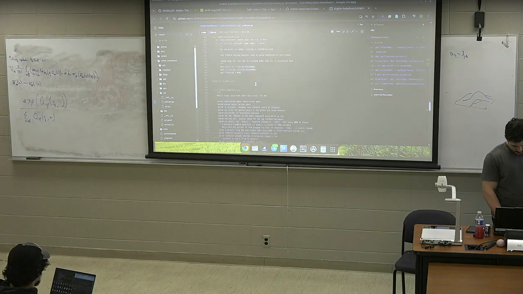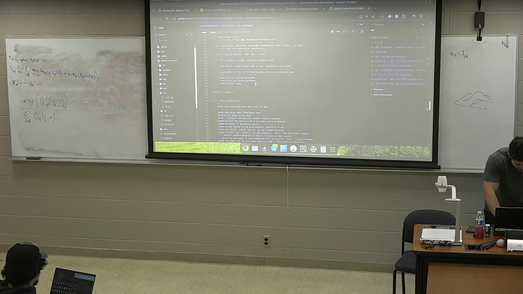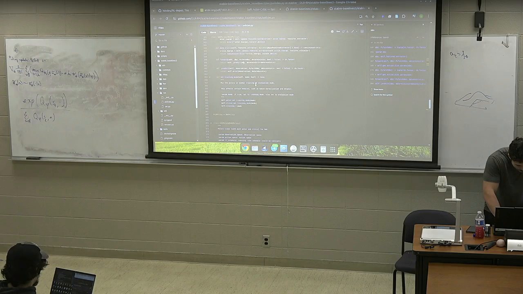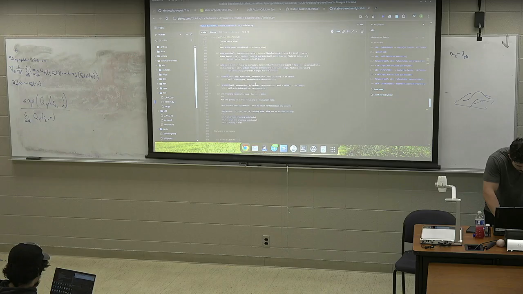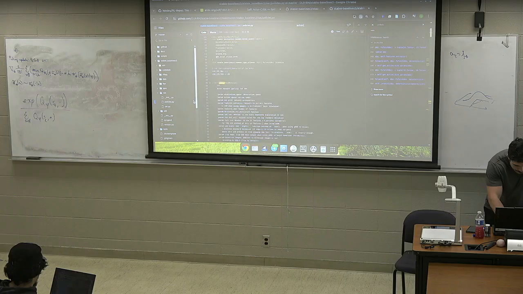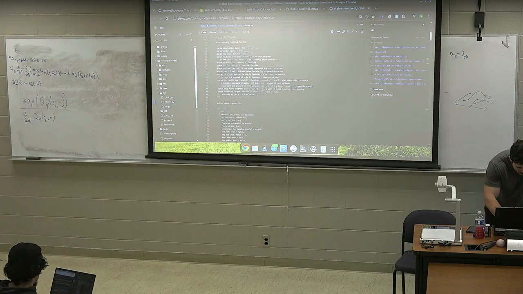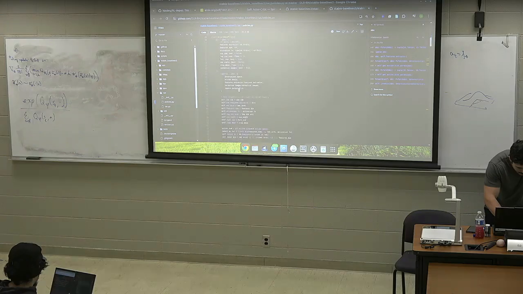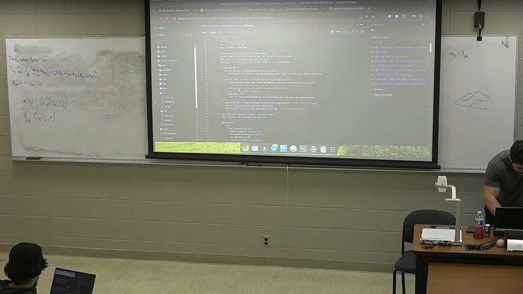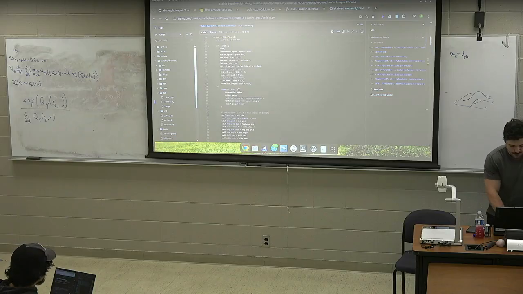This is tough to read, actually. They got a bunch of stuff in here that's like optimizations for exploration.